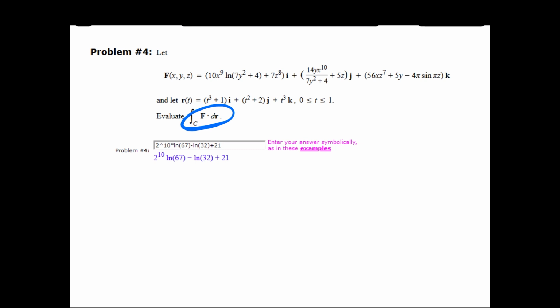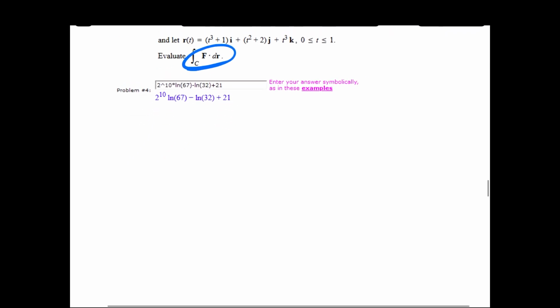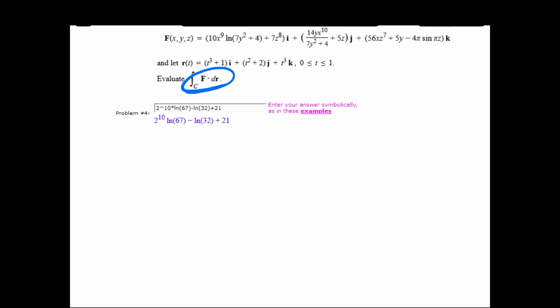If it's conservative, then I believe we can add up the integral of all of our separate functions, or separate partial derivatives, to get a final function that represents something we can evaluate. So let me just show you what I'm talking about. And the conservative, non-conservative part I still need to study, but this is the most that I understand as of now.